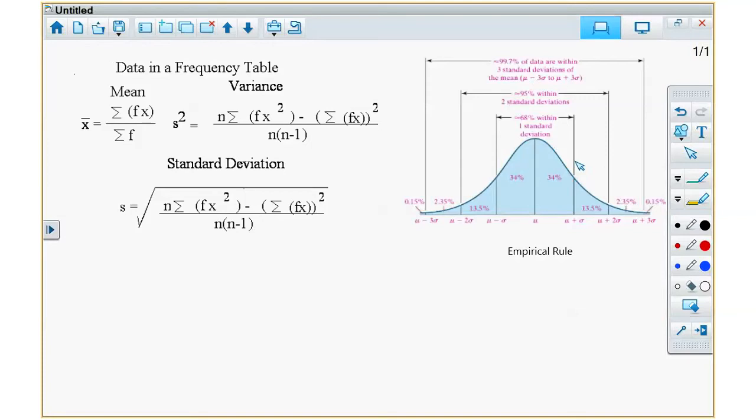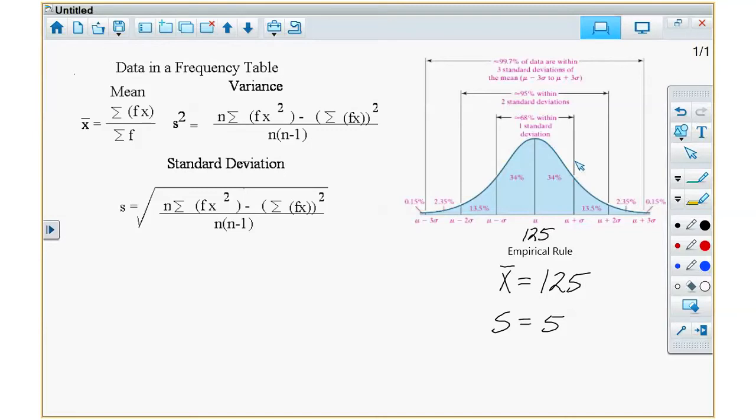Well, one standard deviation would be where? Right here. So if the mean, X bar, is equal to 125, let's talk about SAT scores, and the standard deviation is equal to 5, then this is 125.